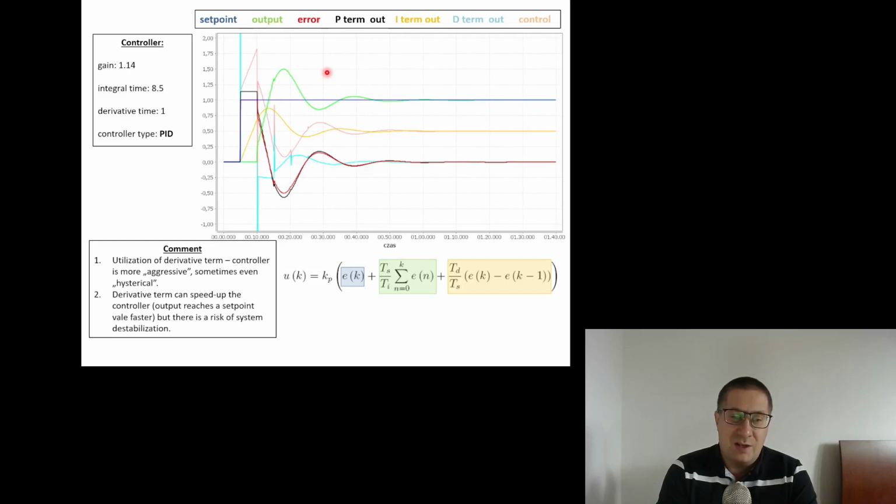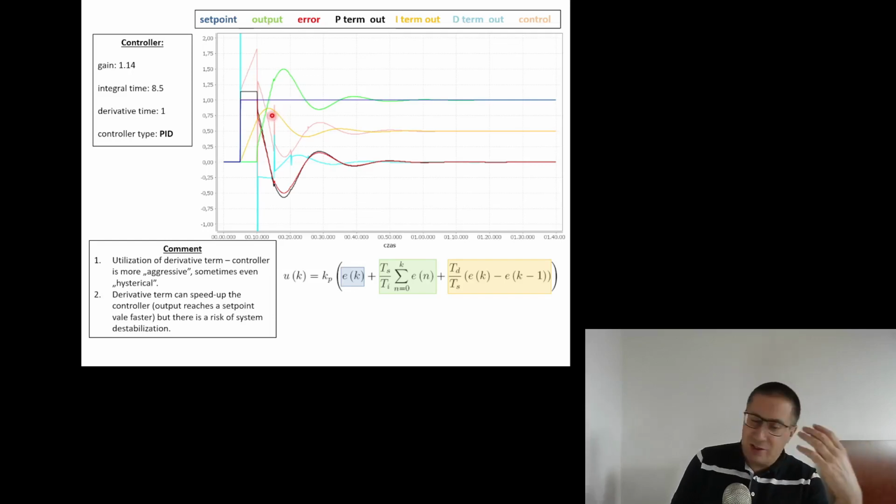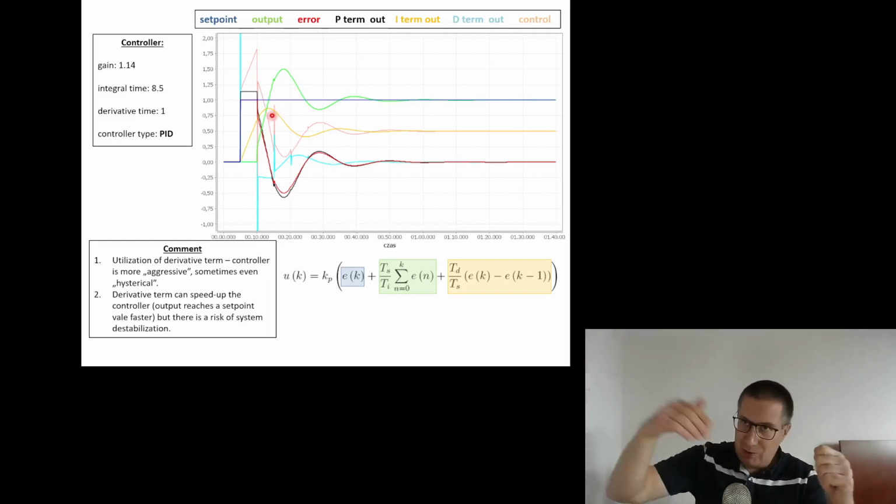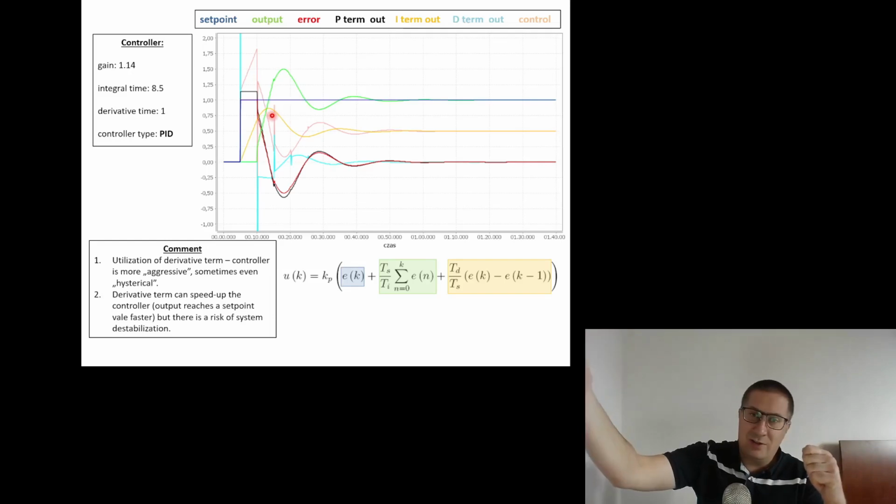Adding this D term means that we are trying to forecast what will happen with the error. If we see that the error is rising, we will say, oh my gosh, the error is rising, it will be maybe infinite in the next minutes, so we have to do something about this, right? We need to add more energy now because it will be a disaster in the nearest future.